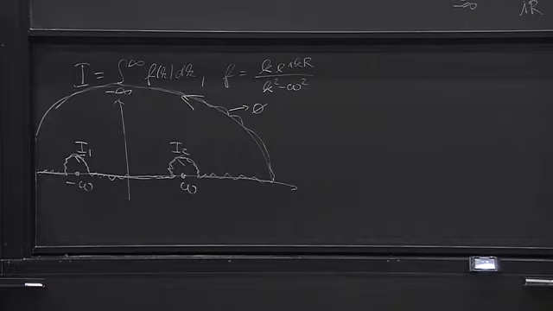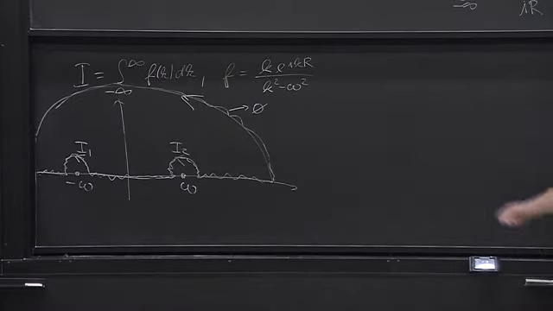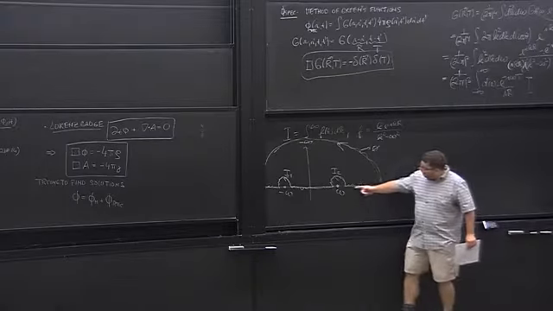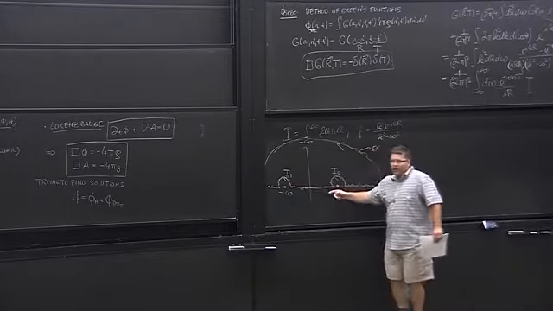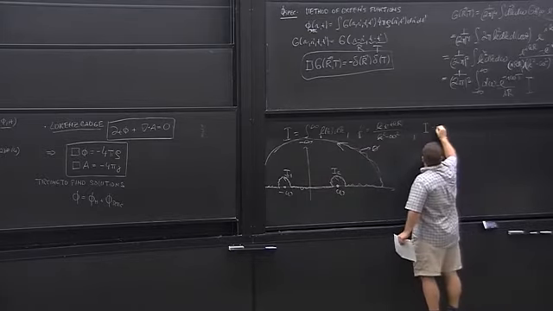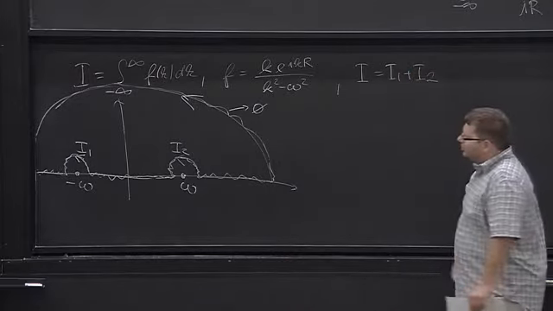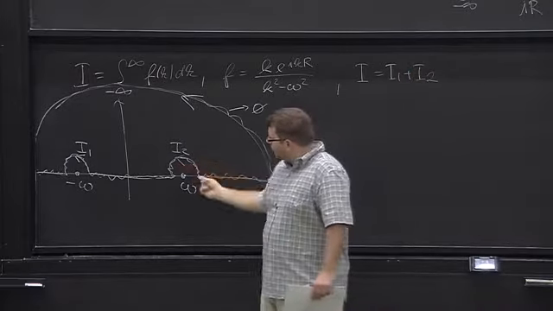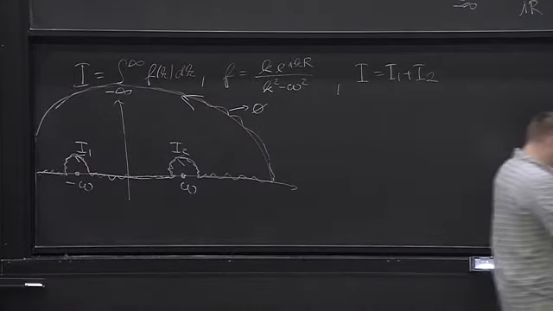If not, just open any complex analysis textbook. So anyway, the statement is that the integral over the real line is precisely equal to the sum of these integrals I1 and I2. So I is equal to I1 plus I2. And so basically going around these poles, that's all you have to do to calculate this integral.